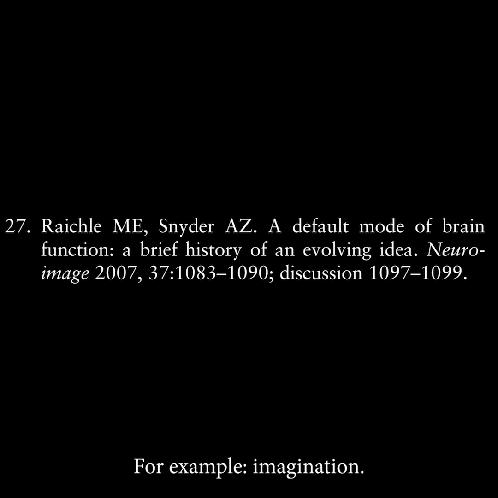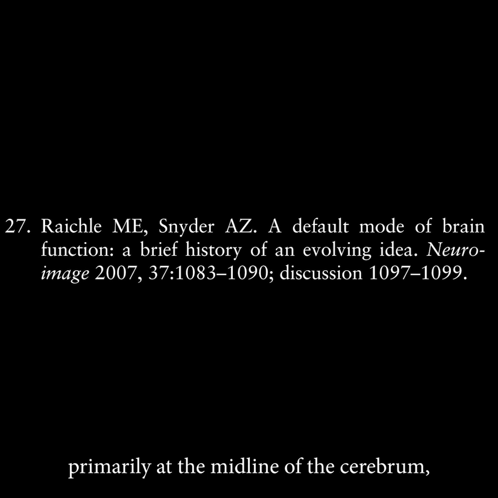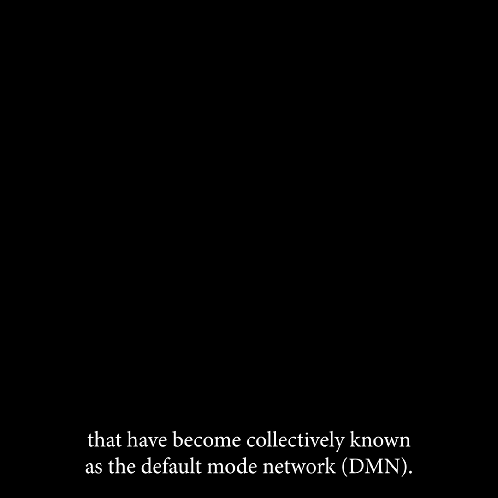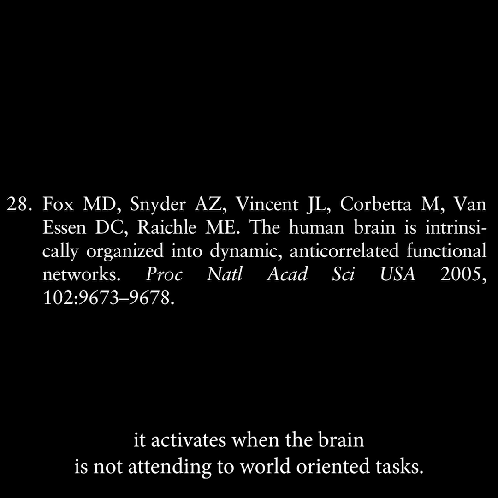The intrinsic departments are made up of highly networked structures, primarily at the midline of the cerebrum, that have become collectively known as the default mode network. DMN. It is called default precisely because during imaging studies, it activates when the brain is not attending to world-oriented tasks.